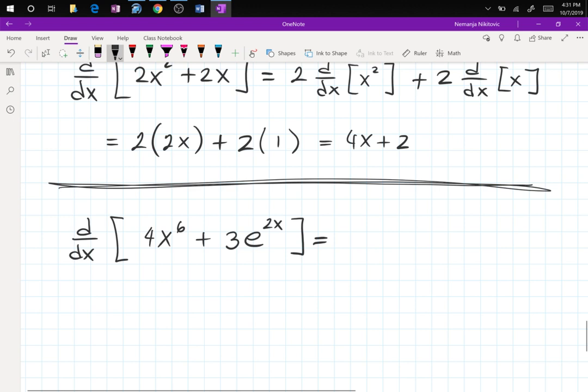So 2 separate derivatives. First one, kick out 4. We have the derivative of x to the 6 plus kick out 3, the derivative of e to the 2x. Oh, I forgot the derivative. Oops. There's a d/dx right there.